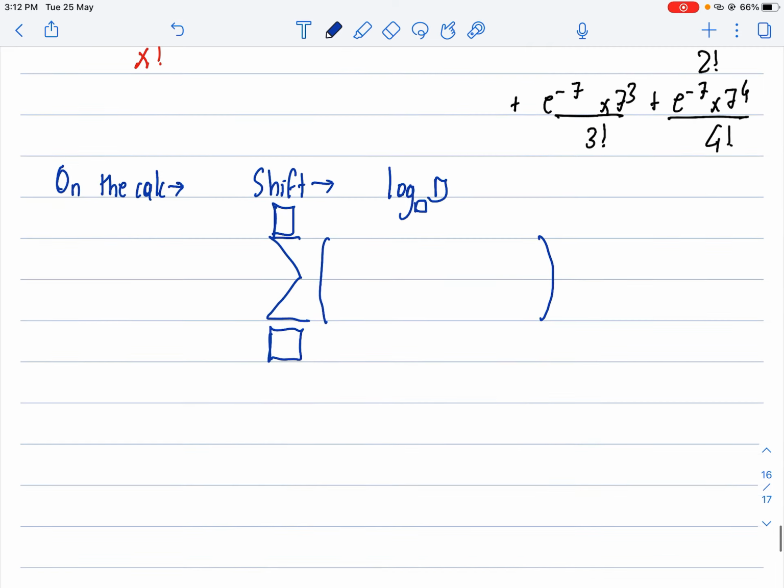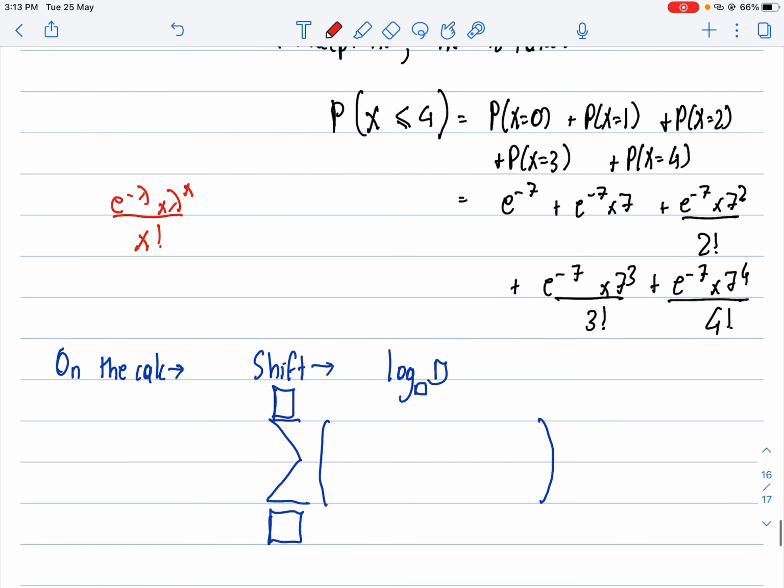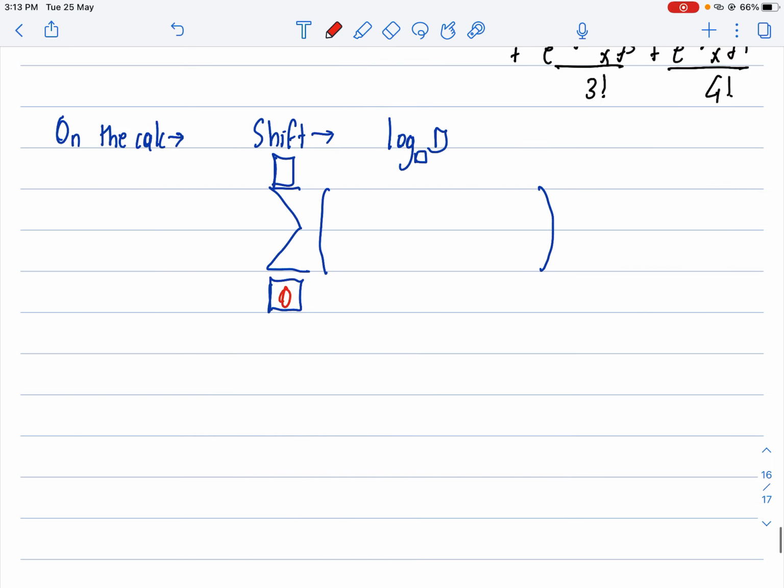We are calculating the summation from 0 to 4, so I write 0 here and 4 here. And here I write e raised to minus 7, I know my lambda is 7, into 7 raised to x over x factorial.